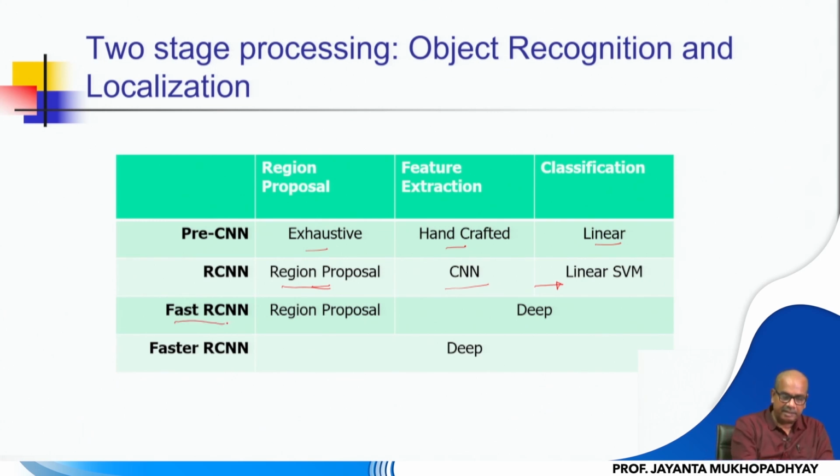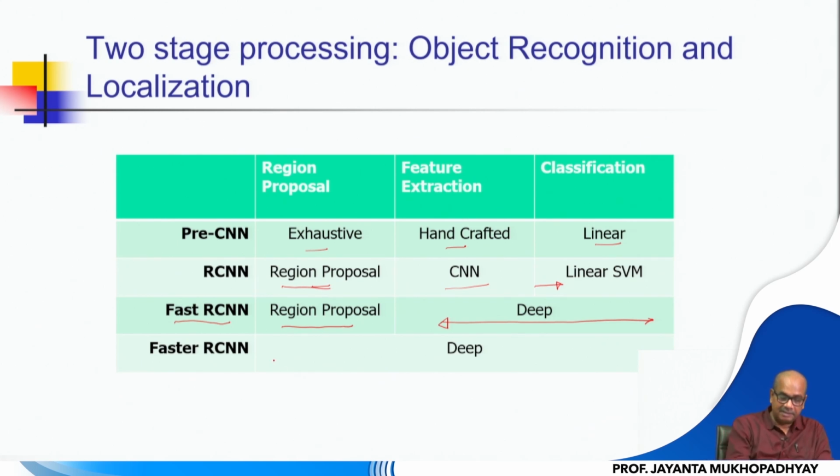Another version, another improvement of this architecture, is giving better results. It is also performing region proposal separately, in a somewhat classical way. But then the whole thing, feature extraction and classification, as we discussed, uses a deep neural network. So there is some improvement.